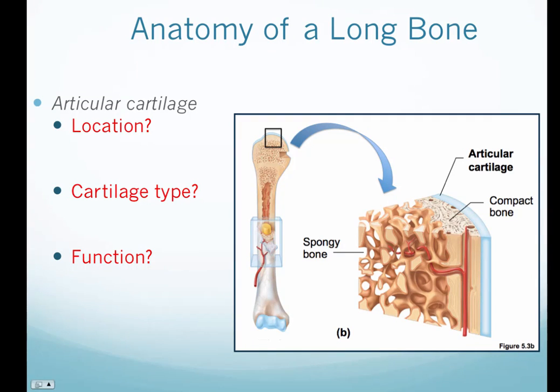More anatomy. Okay, so here we have connective tissue surrounding the majority of that diaphysis, but at the ends of our long bones, at our epiphysis, we're going to notice we have articular cartilage. So these are only at the ends of the long bones. And this is all composed of hyaline cartilage. And why is that important?